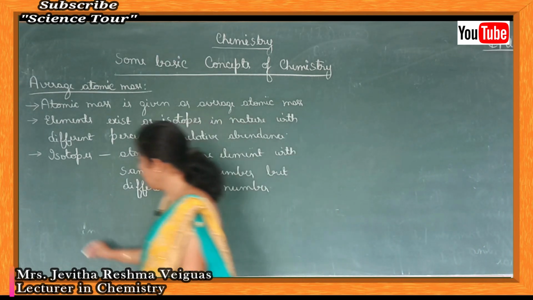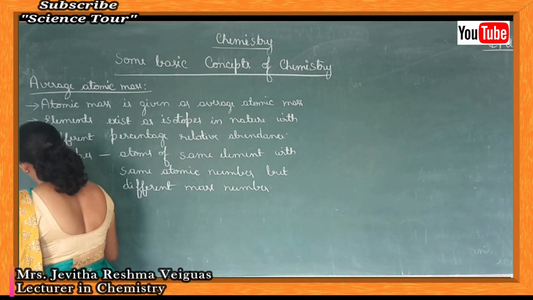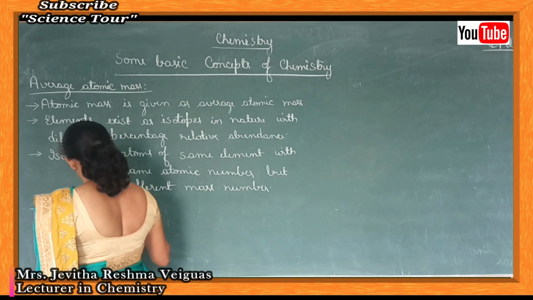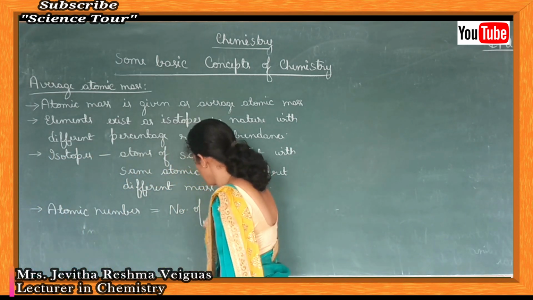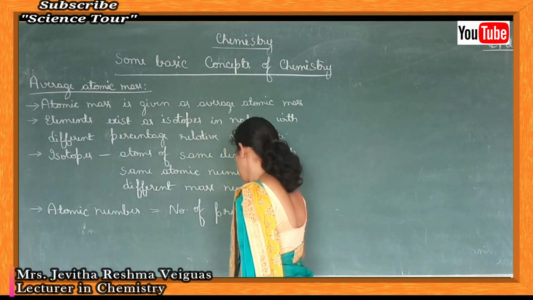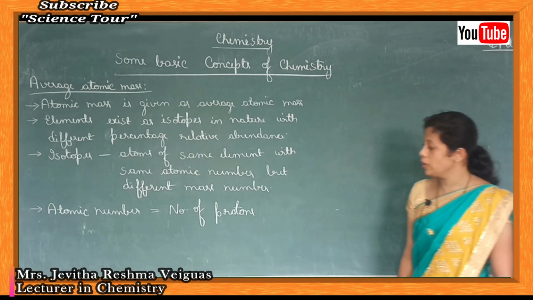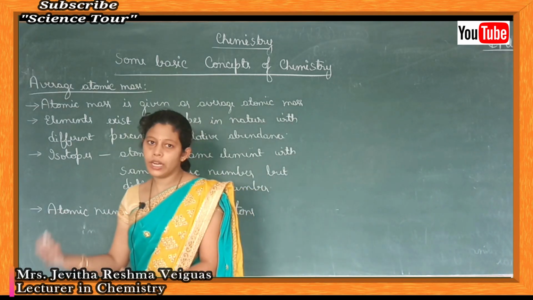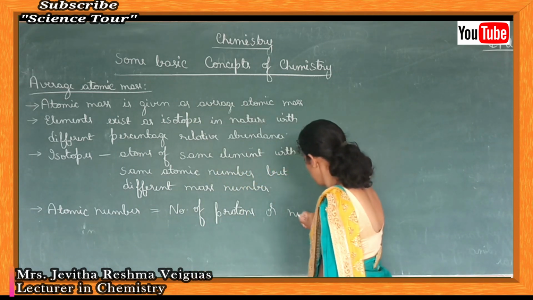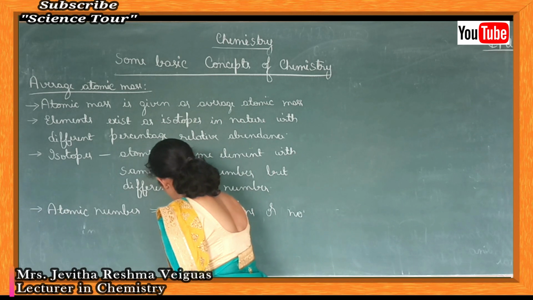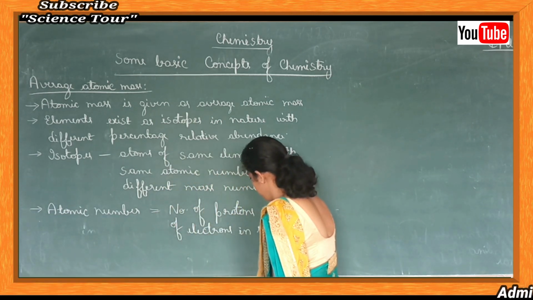Now what is meant by atomic number? Atomic number is equal to the number of protons in the nucleus, or the number of electrons in an atom.